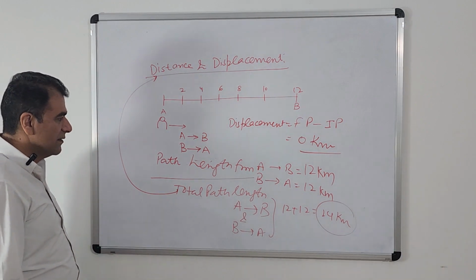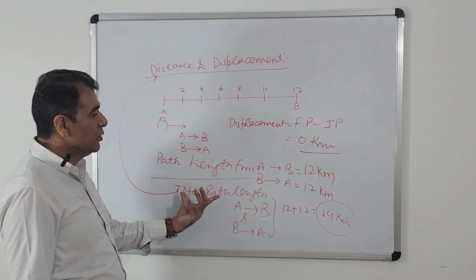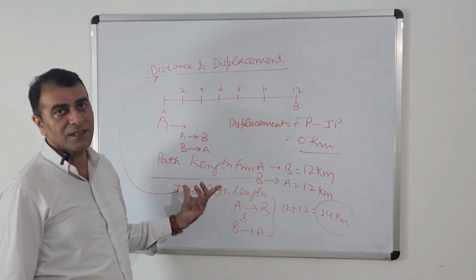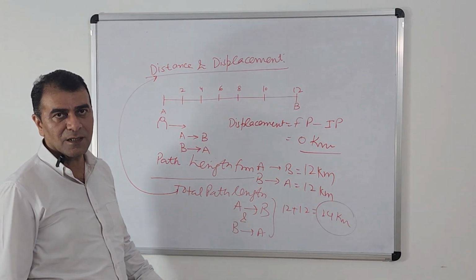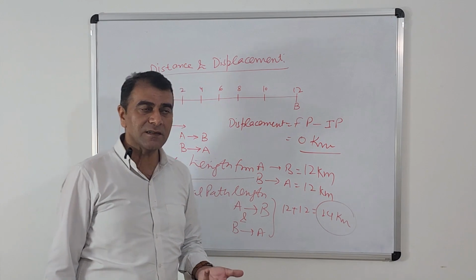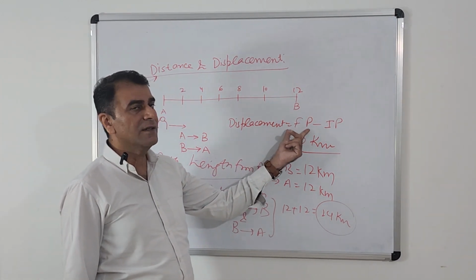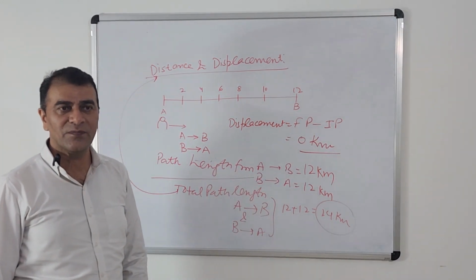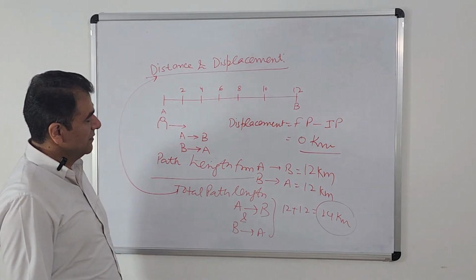So we can define distance as the total path length covered by an object under motion. And what is displacement? It is the shortest distance between the final position and the initial position. Right?